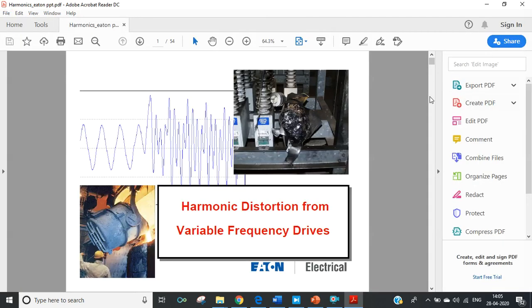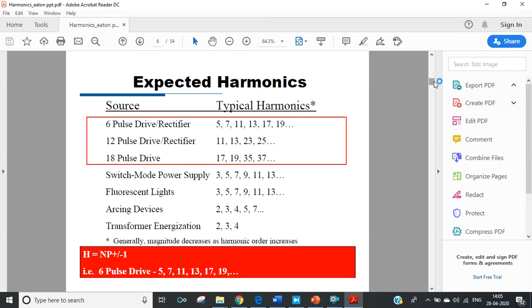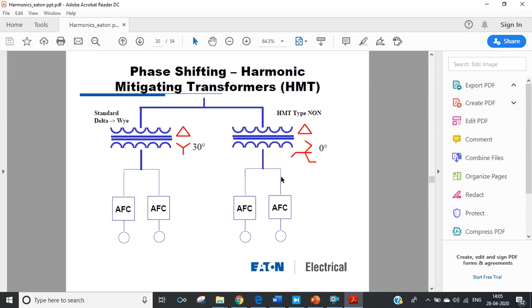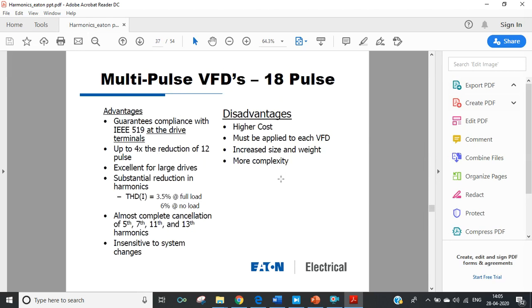So one thing has to be noted, that passive filters are simple to use, but they have a few disadvantages also.